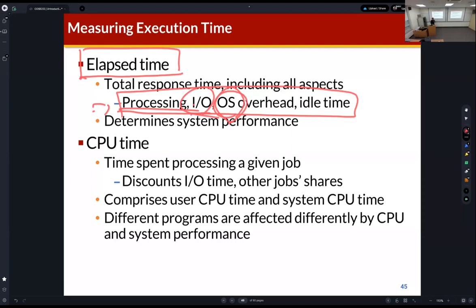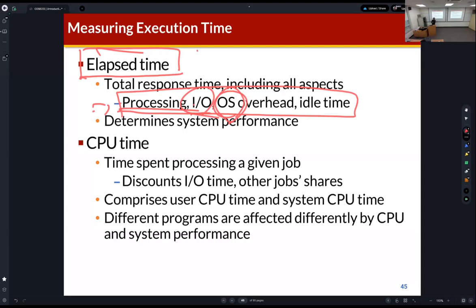But it's very difficult to compare the performance of different systems using elapsed time, because the elapsed time can be influenced by many factors. So it means that it can vary from time to time.